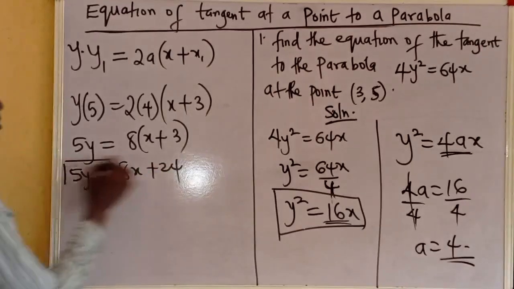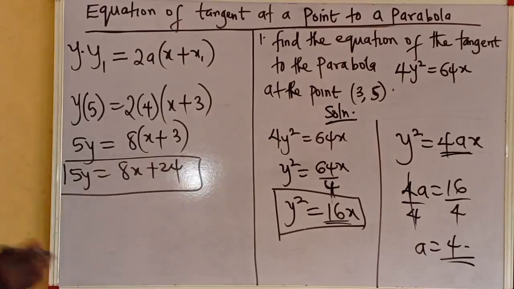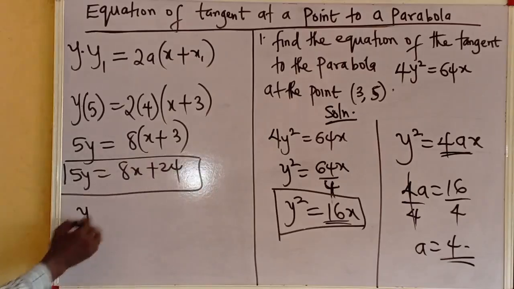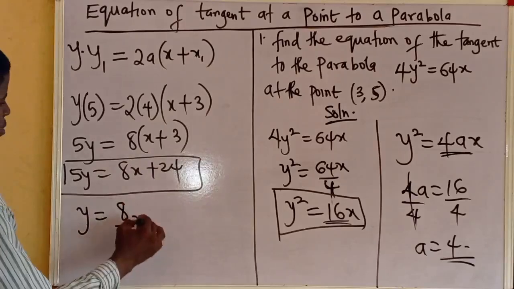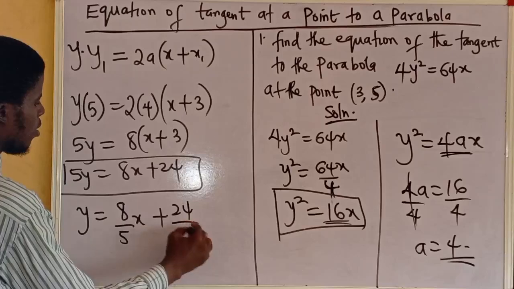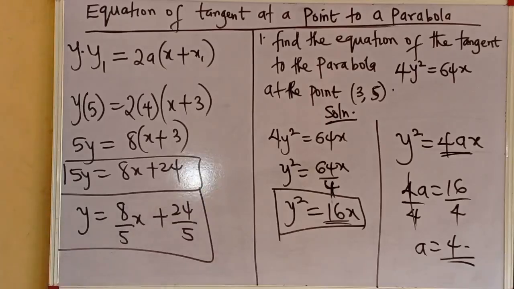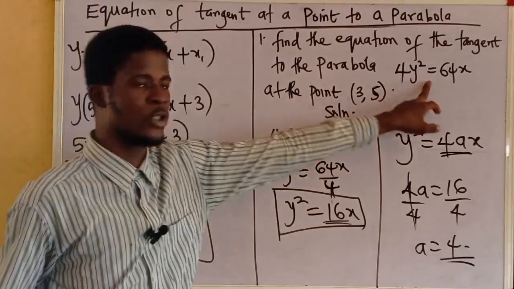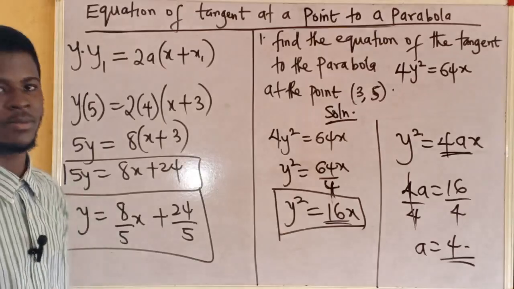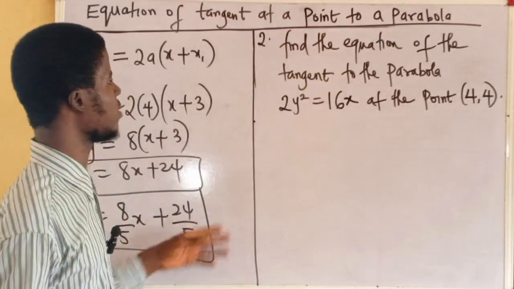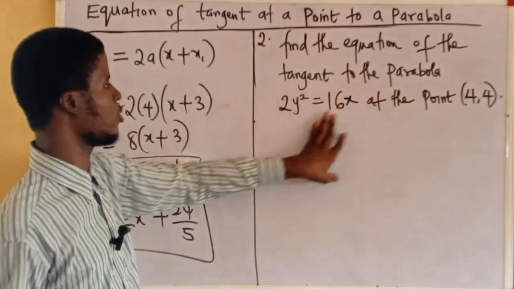I can leave it like this, or if I divide both sides by 5, y will be equal to 8/5 x plus 24/5. This is the equation of the tangent to the parabola at this point.